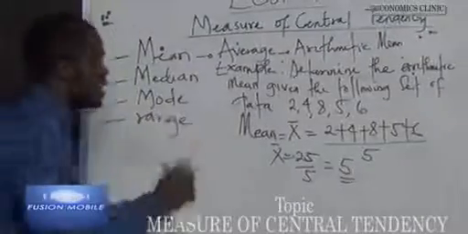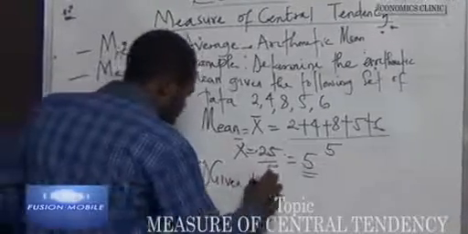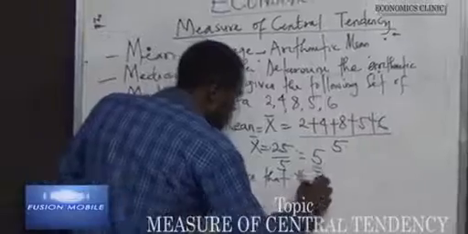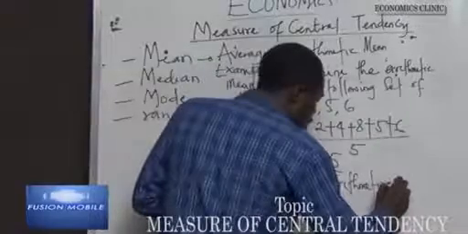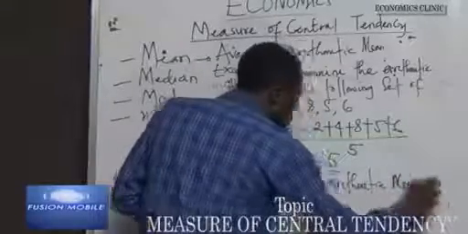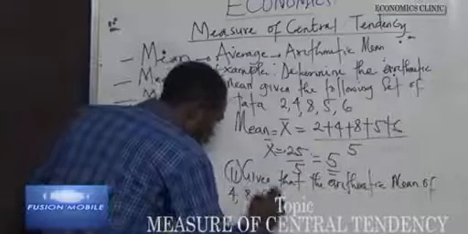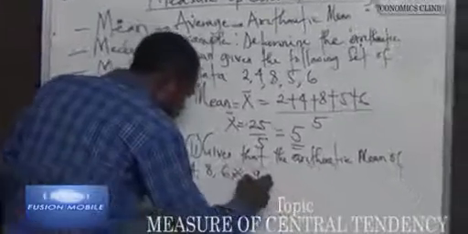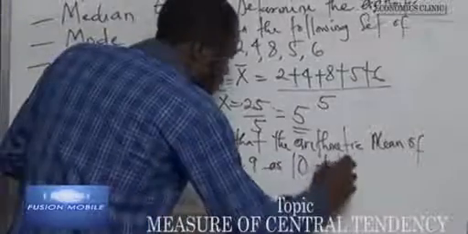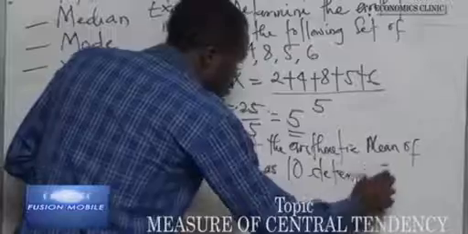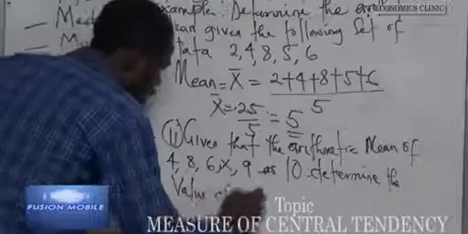Now let's consider another example. Example 2 says: given that the arithmetic mean of 4, 8, 6, x, 9 is 10, determine the value of x.